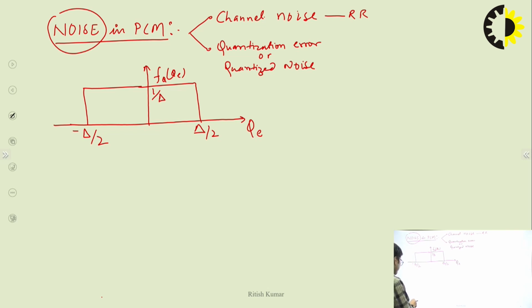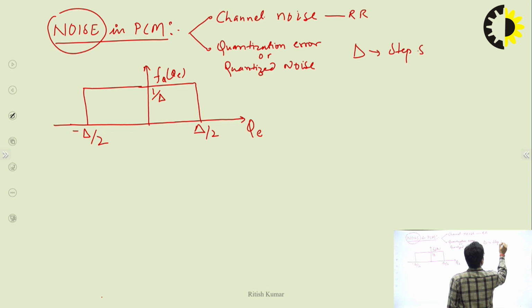This is the thing that we have here. Now, what is delta here? Delta is the step size. As we know, after the quantization process, we have to discretize the total dynamic range within certain levels.